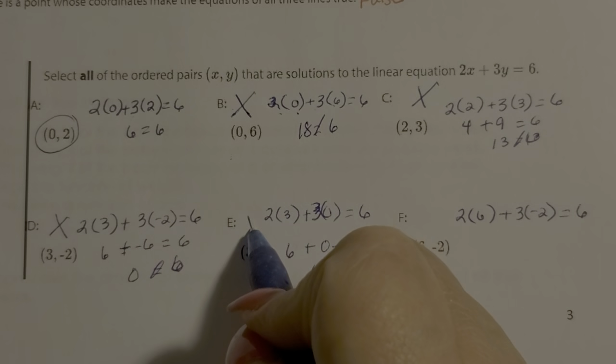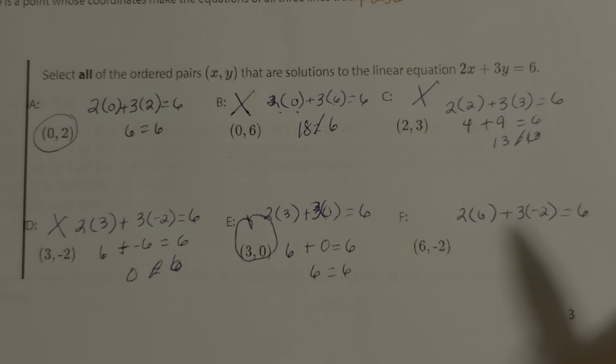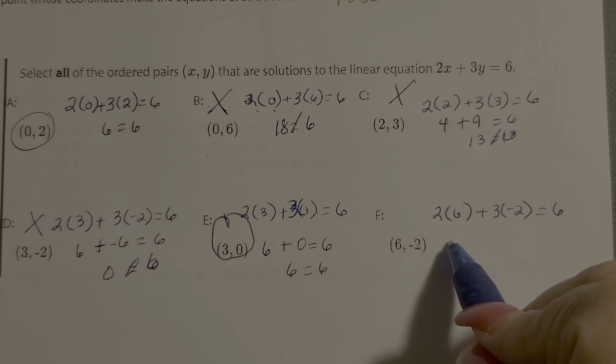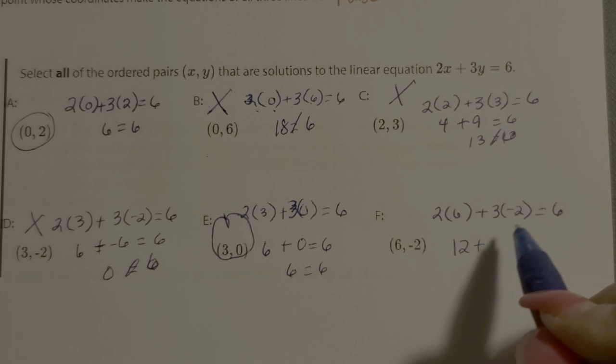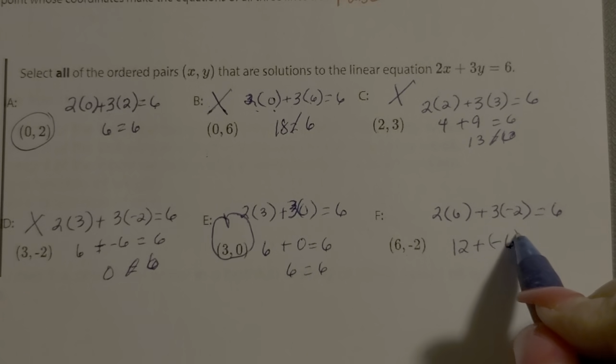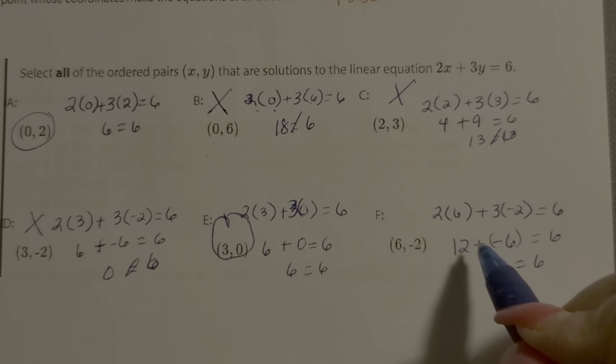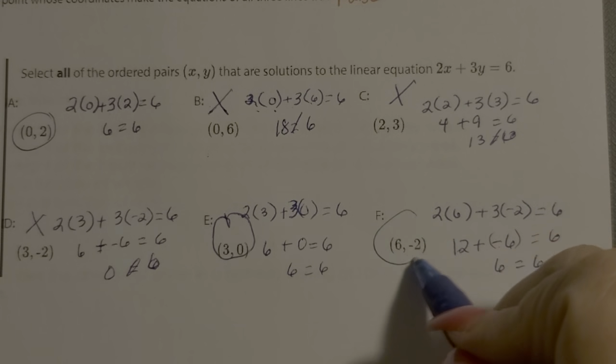So this is a solution to the equation. And last but not least, 2 times 6 is 12. 3 times negative 2 is negative 6. 12 minus 6 is 6. So this is also a solution.